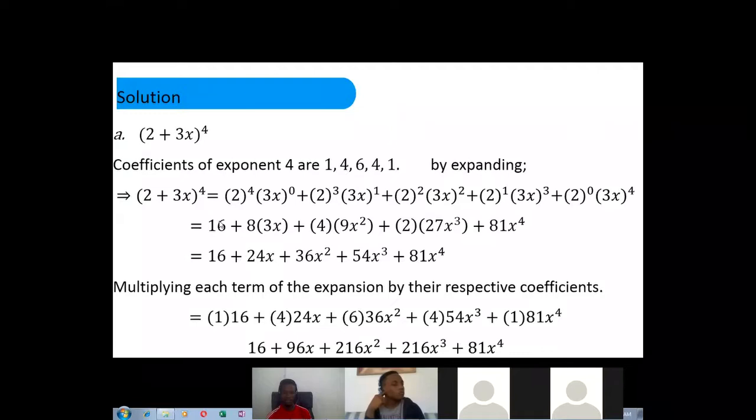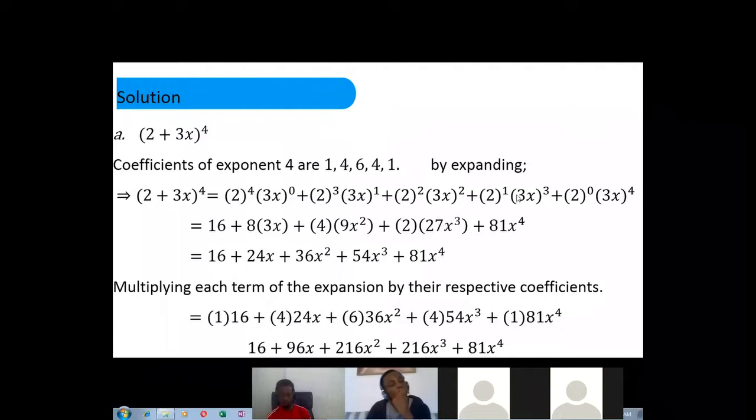Then the next one, I have 2 exponent 3 being 8, times 3x exponent 1. So that will be 8 times 3x. The next one, I have 2 exponent 2 giving me 4, and 3x squared is 9x squared.